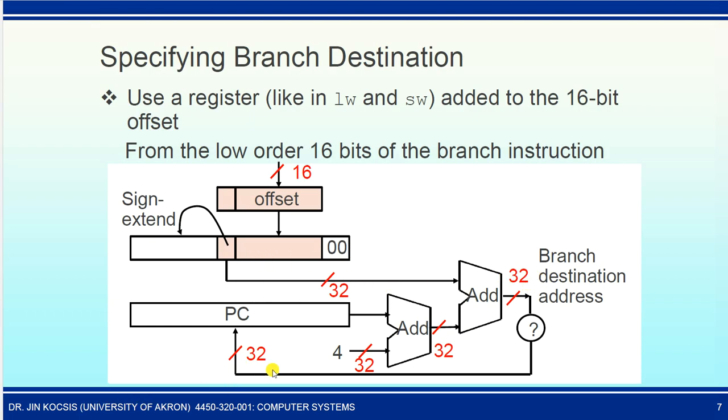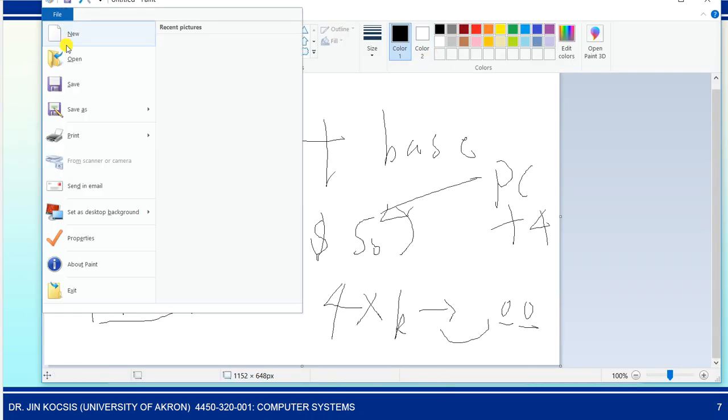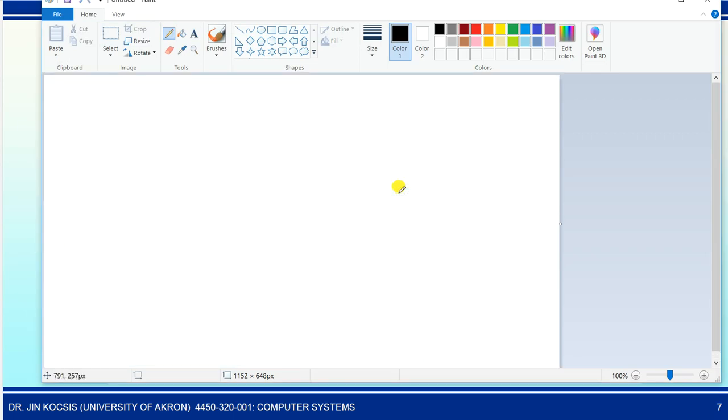And if I try to use a mathematical equation to represent it, basically the output of the last adder will be the memory address of the target instruction with a certain label. That memory address will be equal to PC plus 4 plus 4 times x tilde.